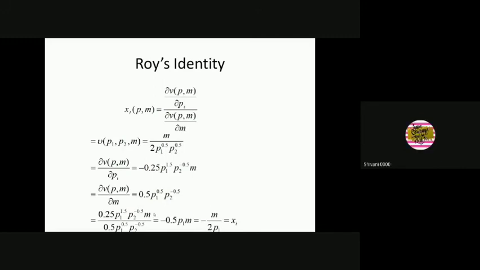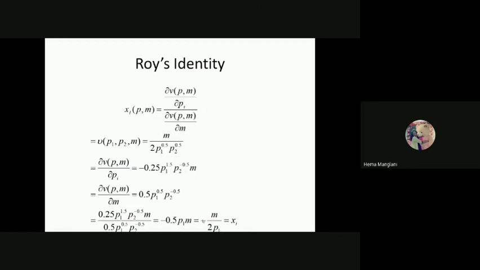But ma'am, this first equation, xi? Oh, this one. This is just the formula for the Roy's identity. Roy has given this formula, and when you substitute these values, this gives you minus 0.5 p1 M, which is M by 2 p1.